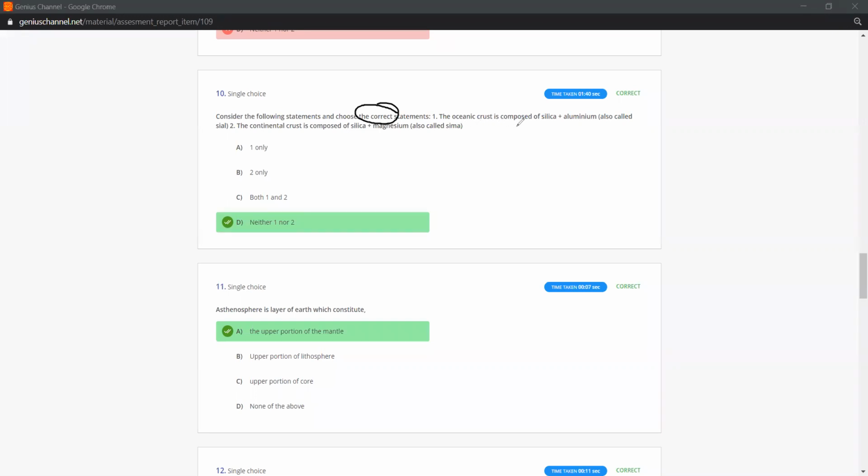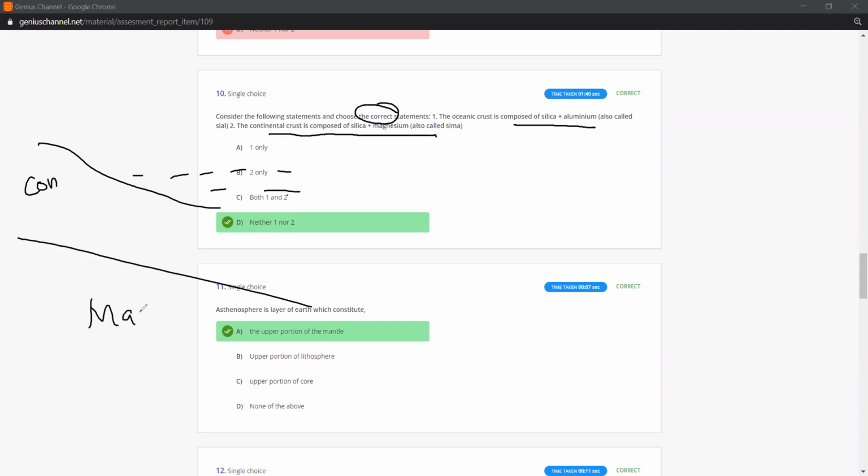The ocean crust is made up of Sial, and this one is made up of Sima. If you look at the crust, the crust is found in the continent also. After the crust, you get the mantle. So crust can be in the ocean as well as in the continent. For the continent we use the word Sial, and below the ocean we use the word Sima.